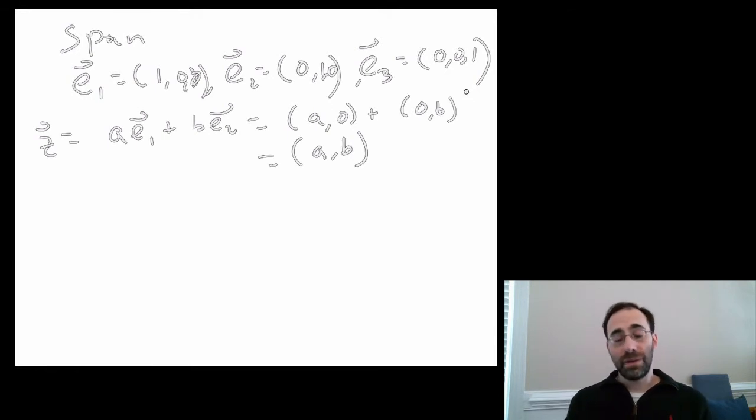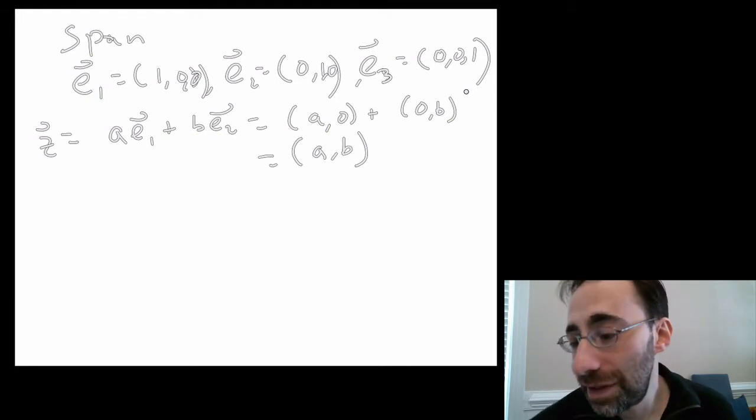So, what's the point of this? A couple of things. One, it lets you write other vectors in terms of these core vectors. And two, it lets you understand the dimension of the space. The dimension of a space is the smallest number of linearly independent vectors that span the space.